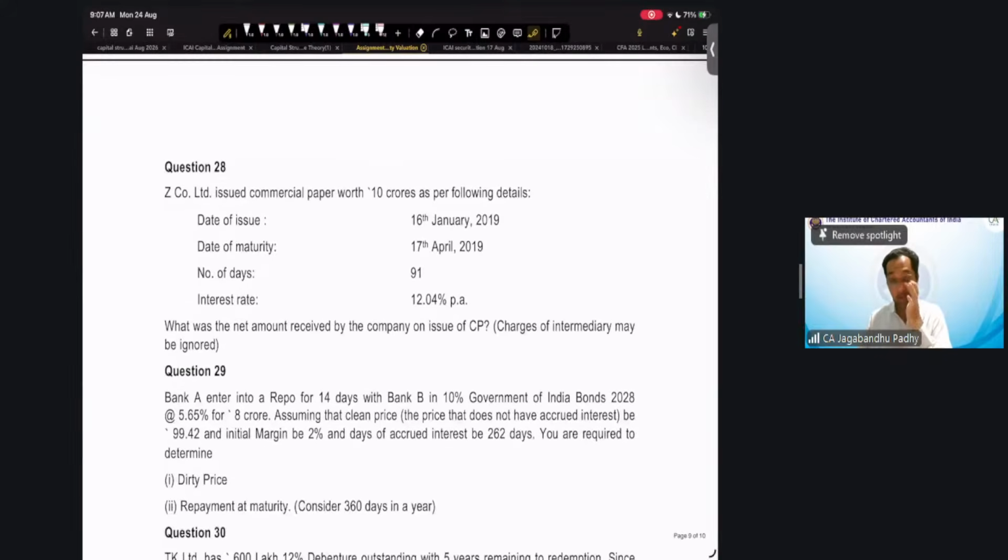Okay, question number 28, guys, which is about the commercial paper. So just look at this question.